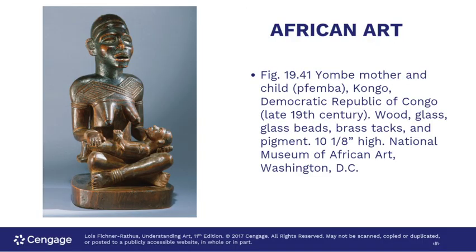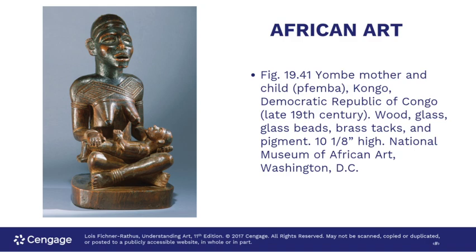Okay, and now we are going to look at this mother and child figure, which certainly throughout the Western world that we've looked at with art, we have seen some mother and child images. And so now we have a sculpture of the mother and child carved with wood. And in this particular one, it's from Yombe, which is the people in the Republic of Congo.